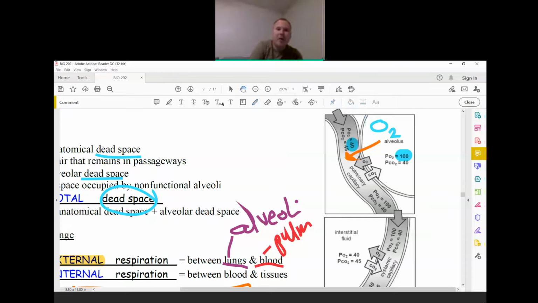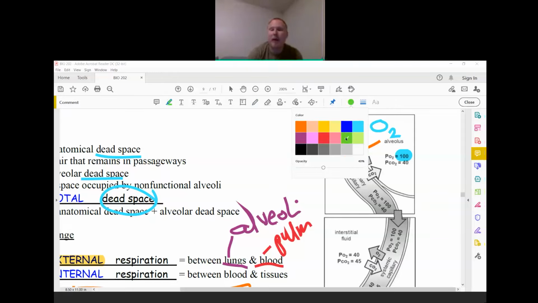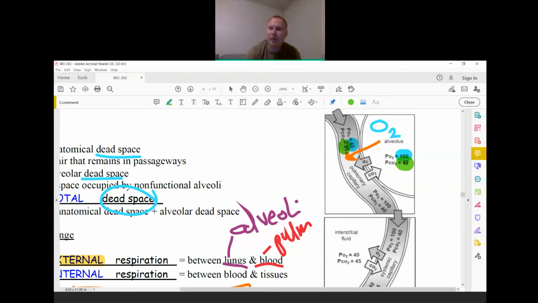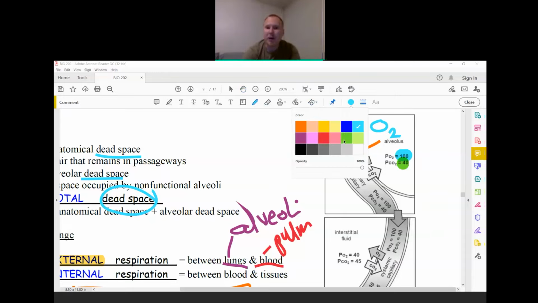So let's have a look now at carbon dioxide partial pressures. Well, the blood coming from the body to the lungs is going to have 45 millimeters of mercury for the partial pressure of carbon dioxide, whereas the air around us has a partial pressure for carbon dioxide of 40 millimeters of mercury.